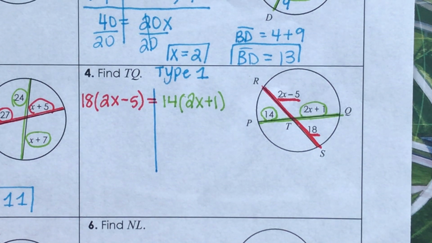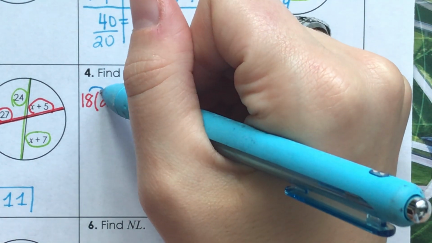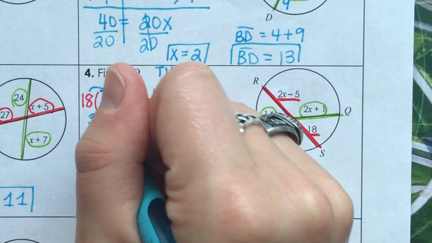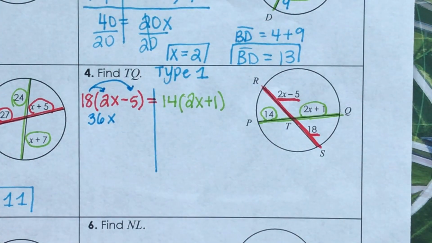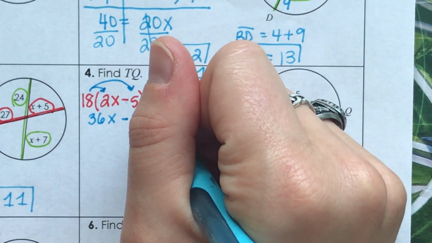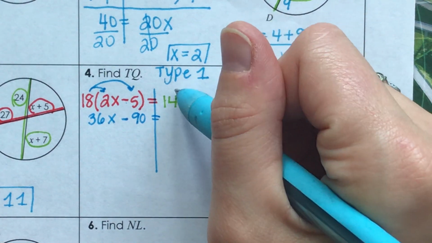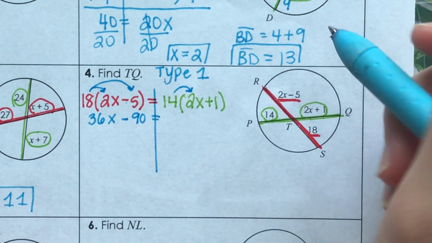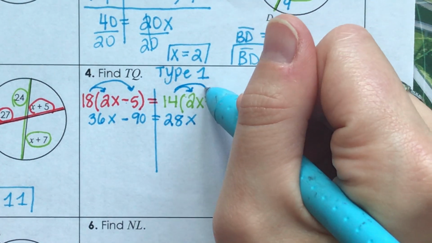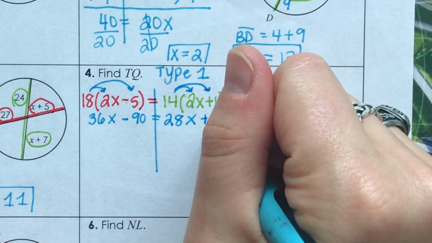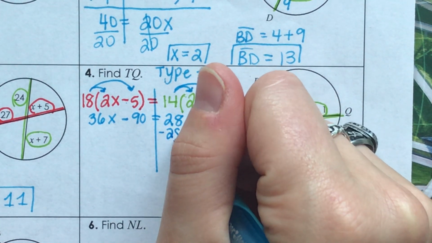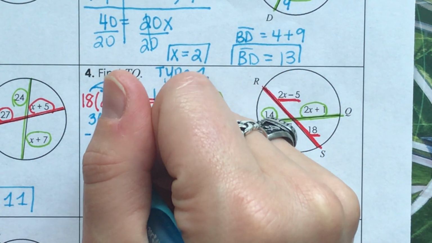So first thing I'm going to do is distribute. 18 times 2x is 36x. 18 times negative 5 is negative 90. Be careful with your signs. Do the same on the right. 14 times 2x is 28x. 14 times 1 is a positive 14. Get all my x's to one side, so I'm going to subtract 28x from both sides.